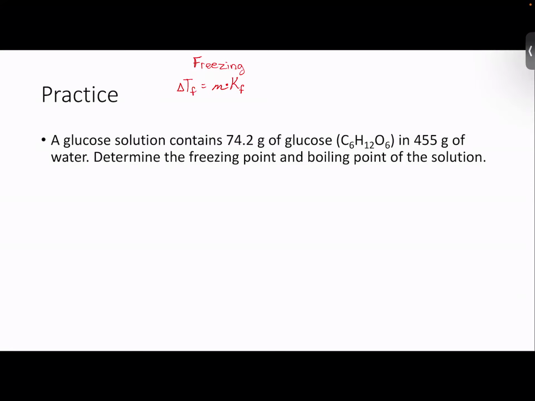But it doesn't ask for the change in freezing point. It asks for the freezing point. So the other thing you're going to have to know is the new freezing point is going to equal the normal freezing point minus delta TF.